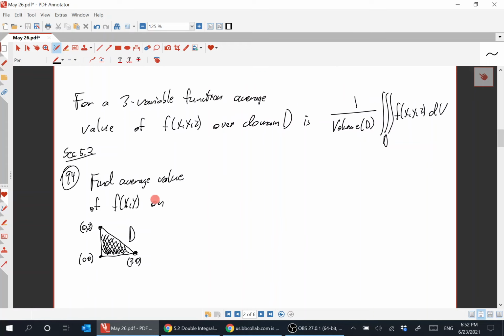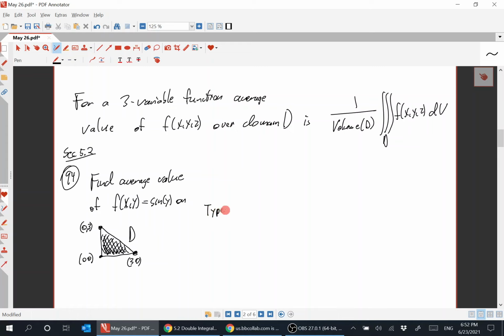Okay, so f of x, y equals sine y on this region D. Well, first thing we need to do is to describe region D as either type 1 or type 2. So let's do it as type 1.